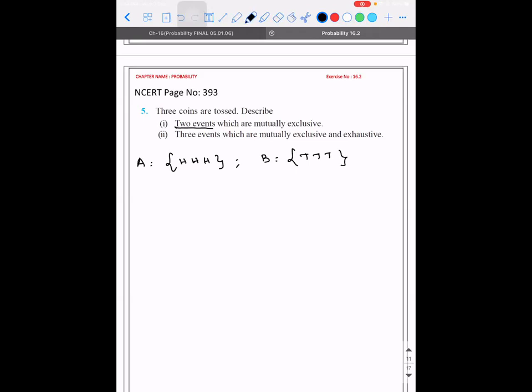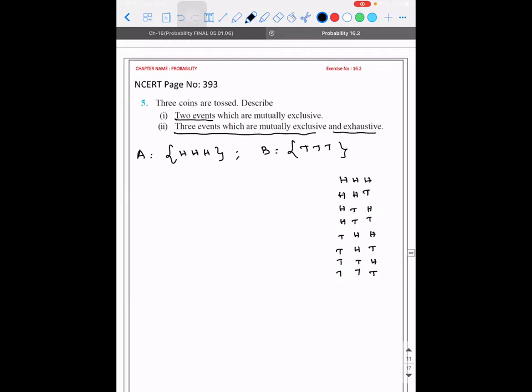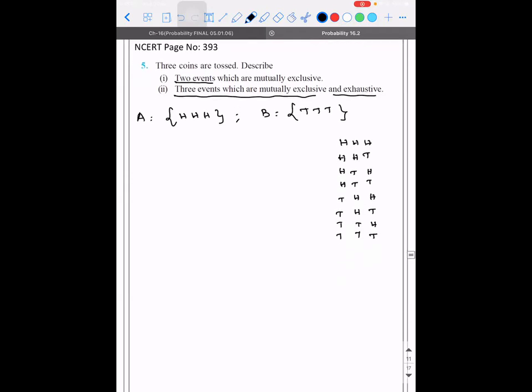Similarly, 3 events which are mutually exclusive and exhaustive. So they're asking us to think, meaning we need to frame the scenarios. Okay, so I will define the events like this.